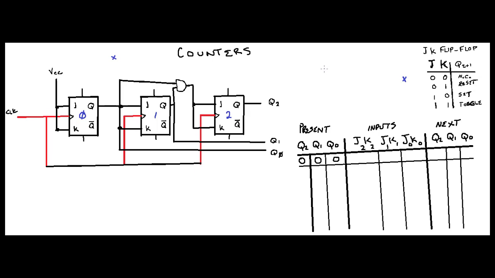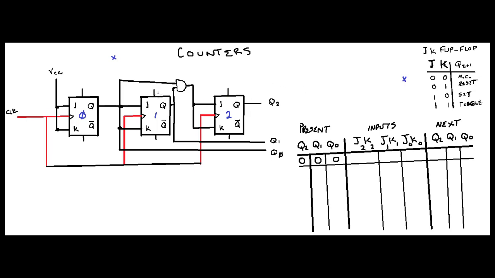Actually, I think that's termed the excitation table, but you get the idea. If JK is 0 and you clock it, NC stands for no change. Reset is for Q bar to be high and Q to be low. Set is for Q to be high and Q bar to be low. And 1 1 obviously means toggle, and we went over that.